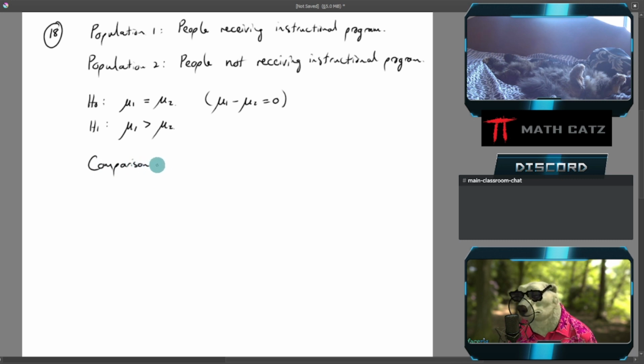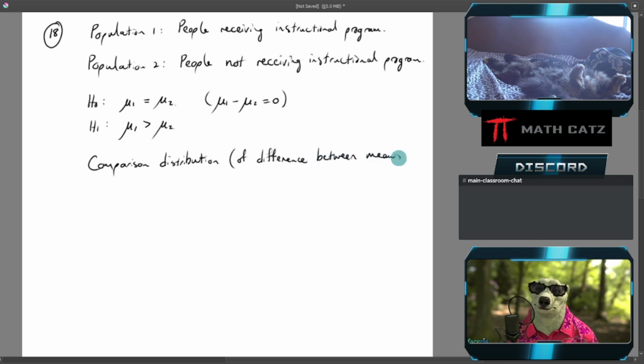Comparison distribution. Trying to write as clearly as possible here. The comparison distribution will be the distribution of the difference between the means. All right.